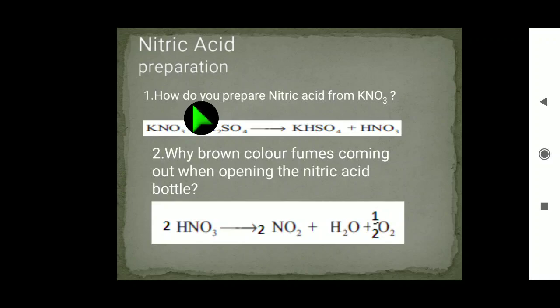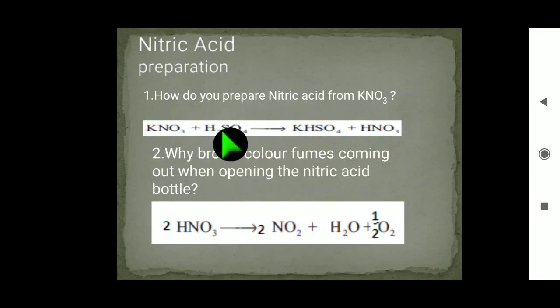Here we can study question-wise. The first question: how do you prepare nitric acid from potassium nitrate? The potassium nitrate formula is KNO3. The KNO3 and sulfuric acid, concentrated sulfuric acid.